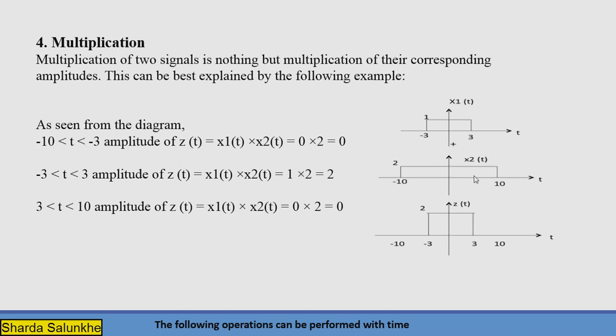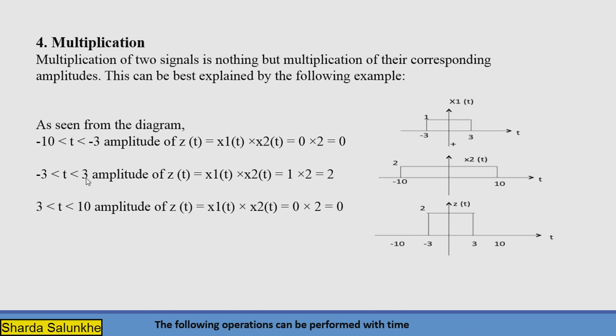For the period minus 10 to minus 3, z of t is equal to x1 of t multiplied by x2 of t. But for this period, x1 of t is 0 and x2 of t is 2. So 0 into 2 is equal to 0.